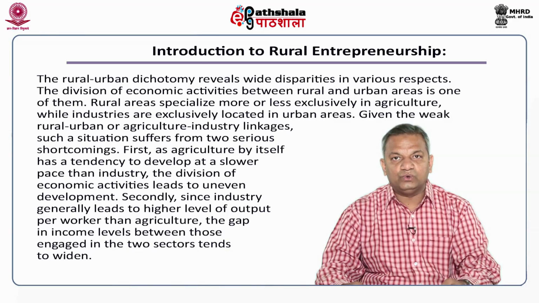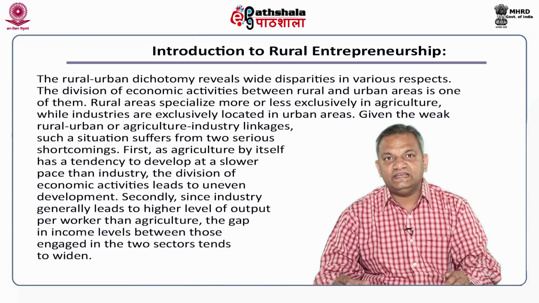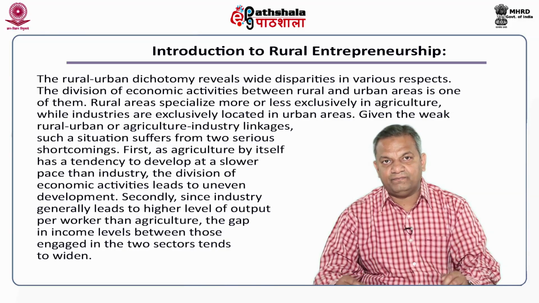Given the weak rural-urban or agriculture-industry linkages, such a situation suffers from two serious shortcomings. First, as agriculture by itself has a tendency to develop at a slower pace than industry, the division of economic activities leads to uneven development.